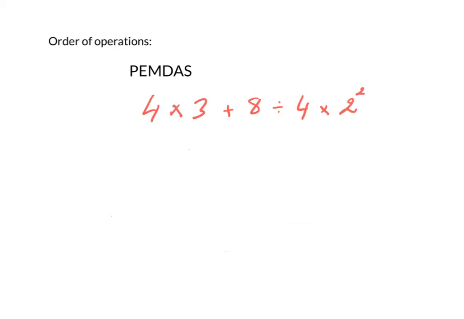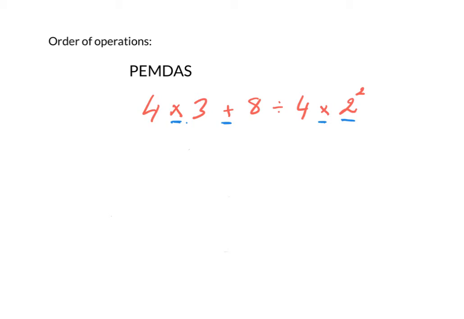Oh yeah, I got another question here. 4 times 3 plus 8 divided by 4 times 2 squared. Sometimes we can work in both operations simultaneously here. For example, in this case, if I scan this problem, I have multiplication and addition on the left. On the right side, I have exponent and multiplication. So I can do this simultaneously.